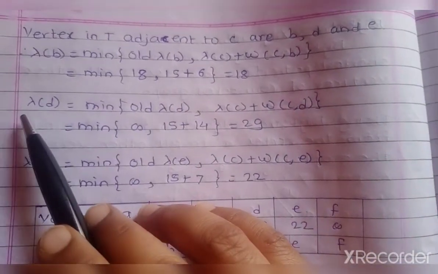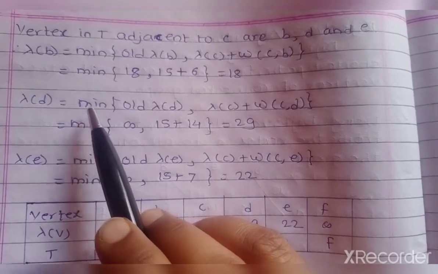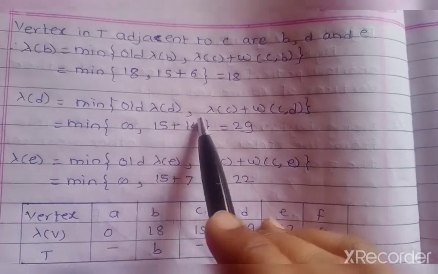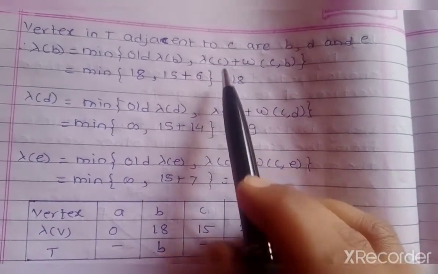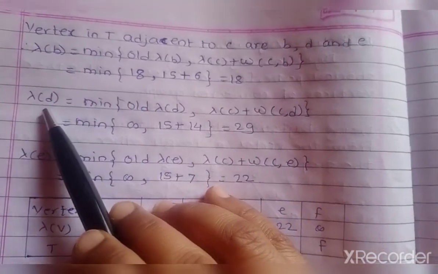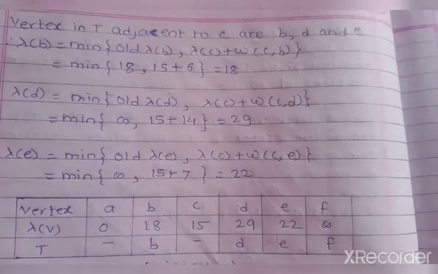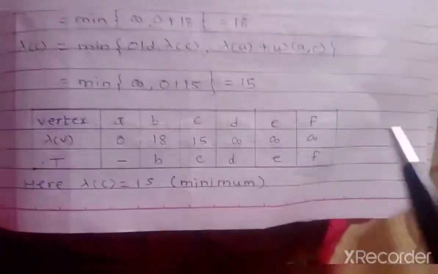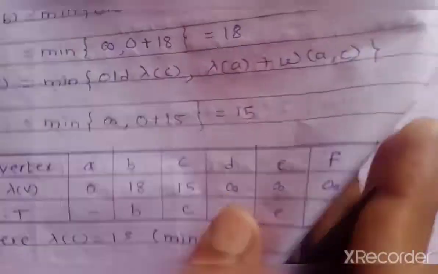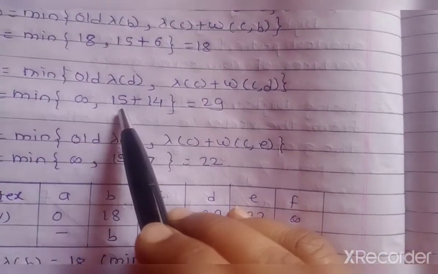After this procedure, we find out lambda of D, which is equal to, again write down its formula, minimum in curly brackets of old lambda of D, comma, its adjacent of C, so lambda of C plus weight of C to D. Lambda of D in our previous table is infinity, and lambda of C is 15.